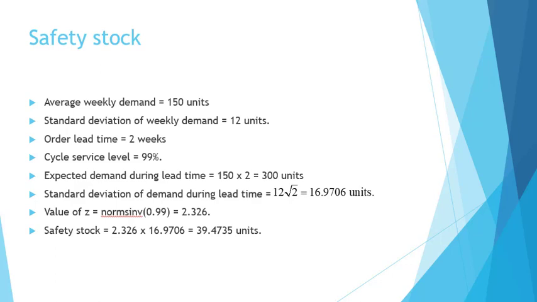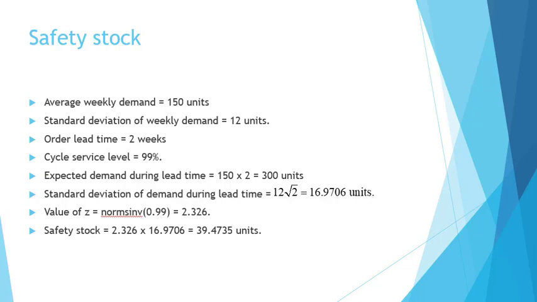Next, we want to calculate the safety stock, which is typically needed to protect the retailer from stock out during lead time. As we remember, average weekly demand is 150 units with a standard deviation of 12 units. The order lead time is constant here, equal to 2 weeks.